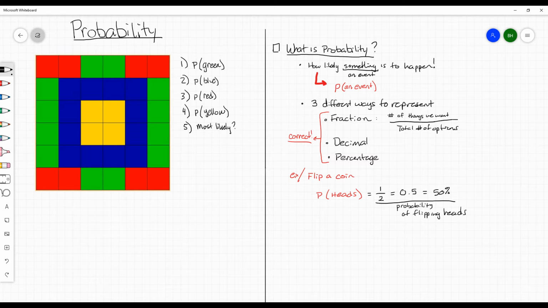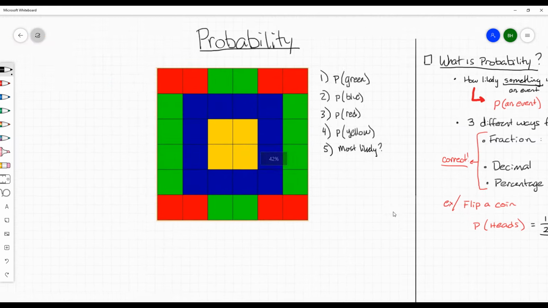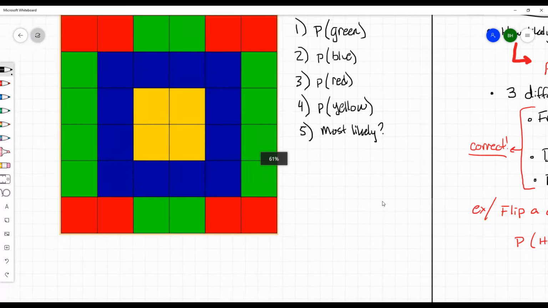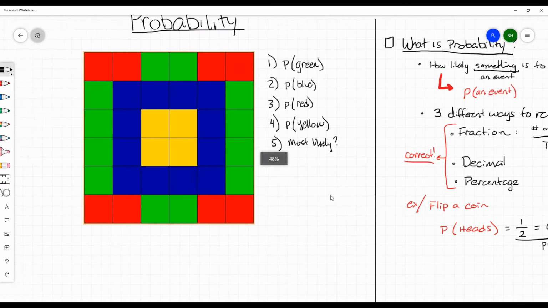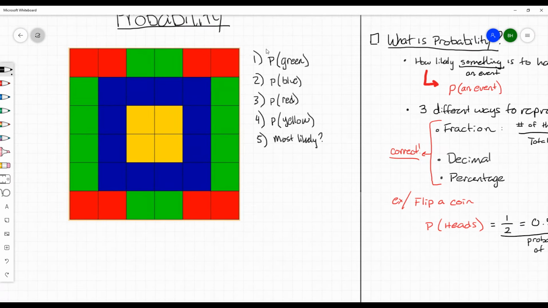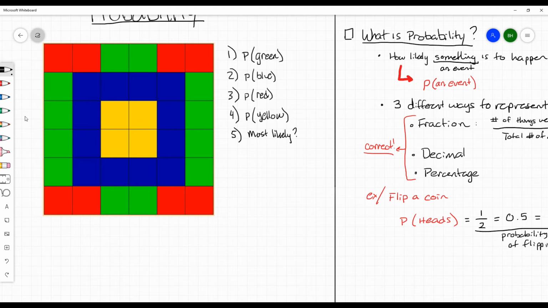Now, if we take this concept and take a look at our actual problem up here, there's a couple things I want to talk about before we're ready to answer. Number one, sometimes you'll see an image that looks like this.